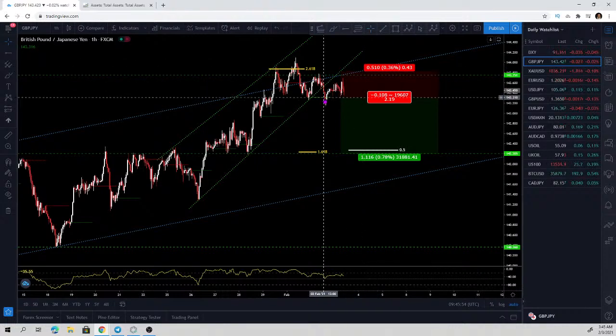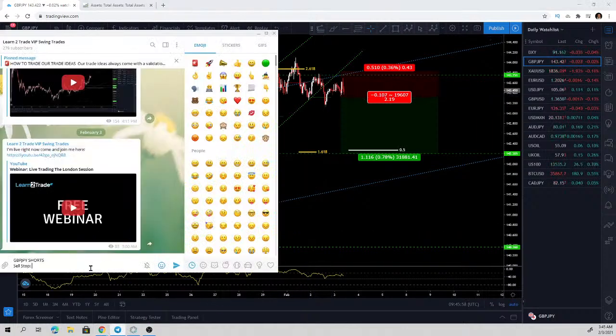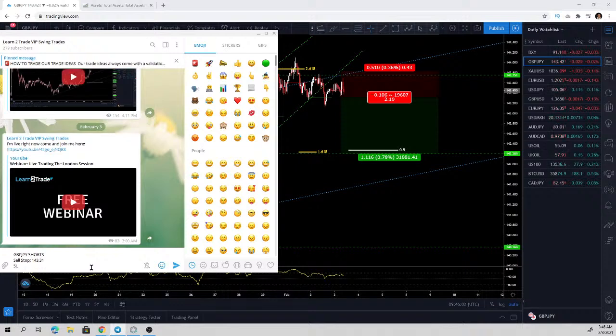So my sell stop will be at 143.31. Stop loss is above yesterday's high, so that would be 143.81.